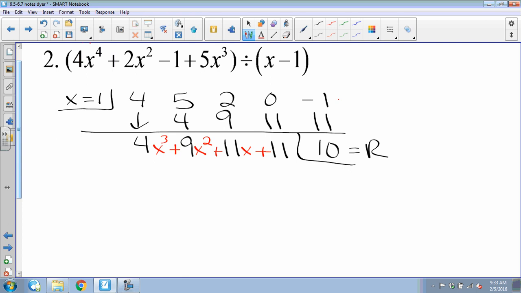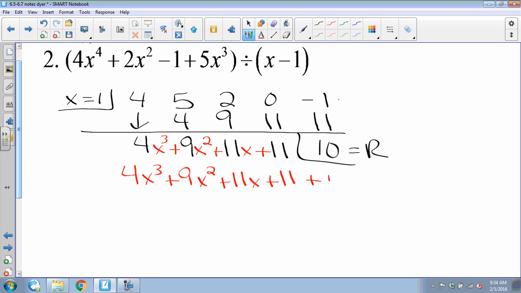Okay? So when I write my final answer, it is 4x to the third plus 9x squared plus 11x plus 11, then my remainder. The remainder is part of the division. If you take 5 and divide it by 2, you can't just throw the remainder away. It's still part of it.